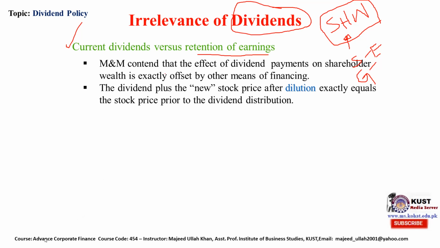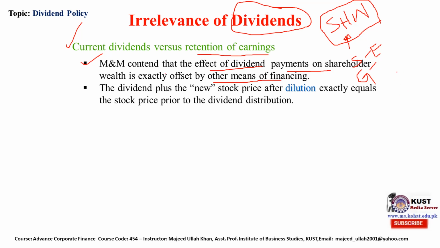Miller and Modigliani, whose irrelevance theory for capital structure is very popular, contend in dividend policy that the effect of dividend payment to shareholders is exactly offset by other means of financing.